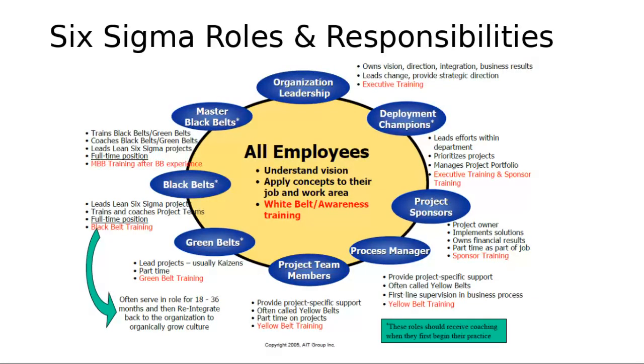The Six Sigma roles and responsibilities. I have heard some of the students last time had questions or participated in the classroom talking about the black belts and the green belts of Six Sigma. Here we will demonstrate the roles and responsibilities for a Six Sigma project.